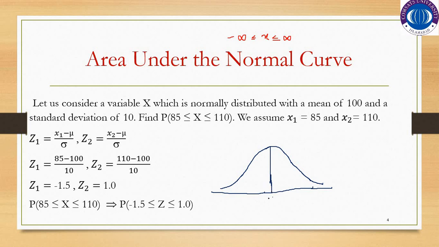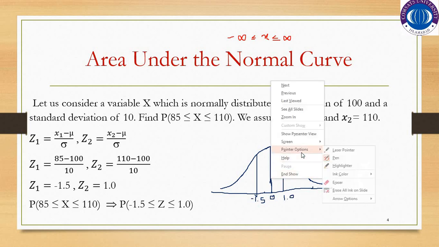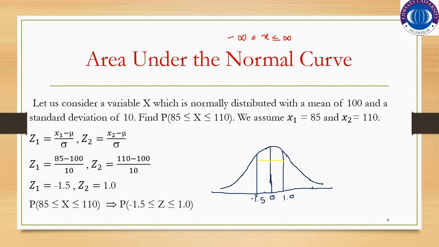So the first value z1 is minus 1.5, which should be somewhere here, and the greater value, the upper limit, is 1.0, which should be somewhere here. So we have to find out this area.